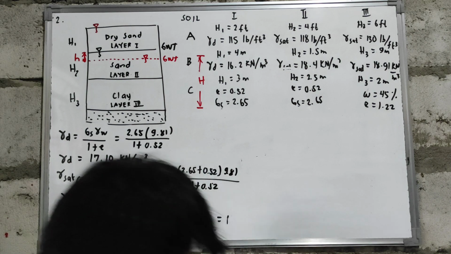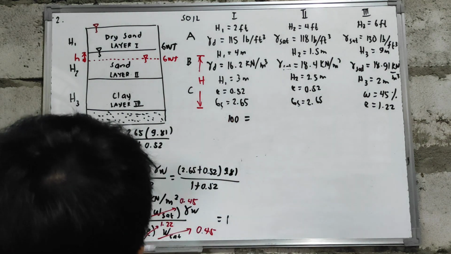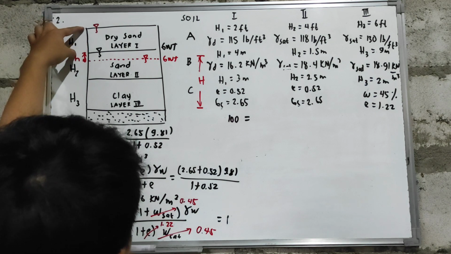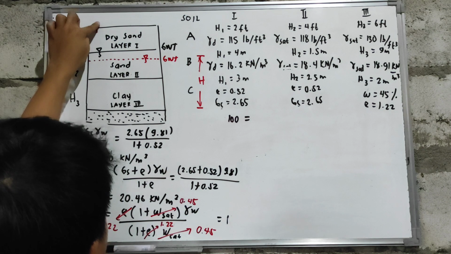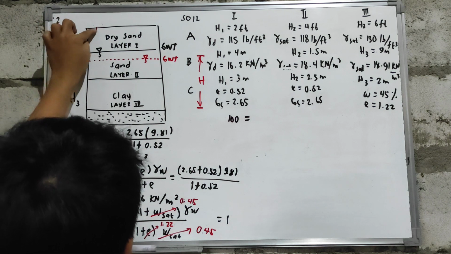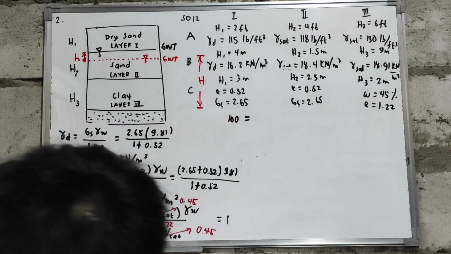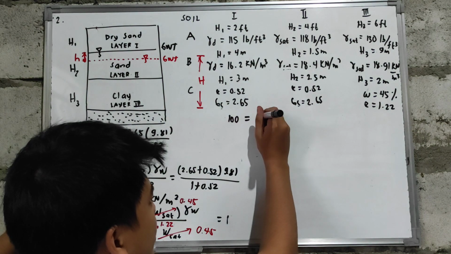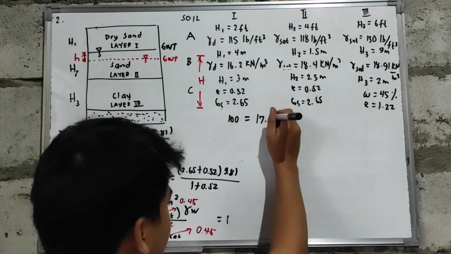So you will have 100 kPa is now equal to, so eto nyan, from dun sa kanina na naging saturated yung sand natin, ibabalik natin siya sa dry sand. So yung dry sand natin, we have a value of 17.10. Kasi nandito na yung groundwater table natin eh.